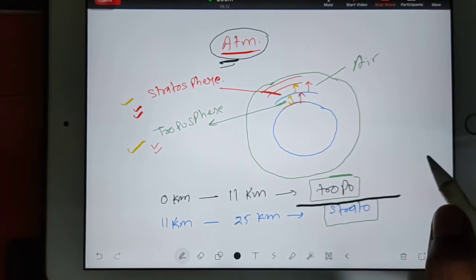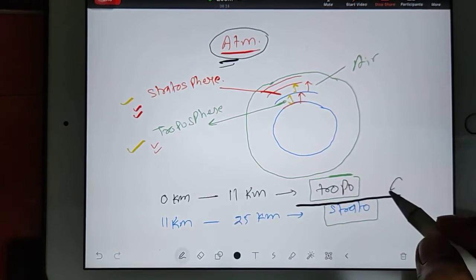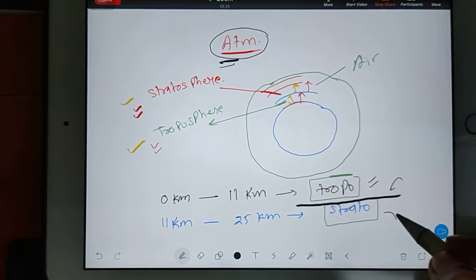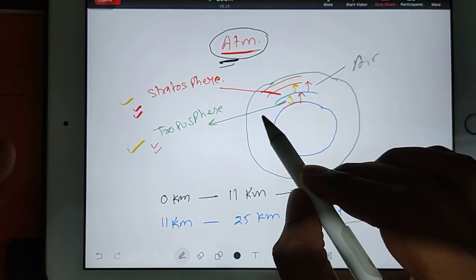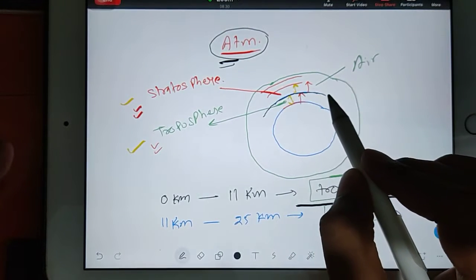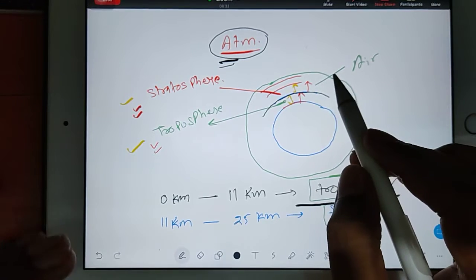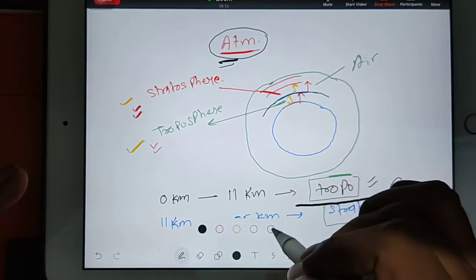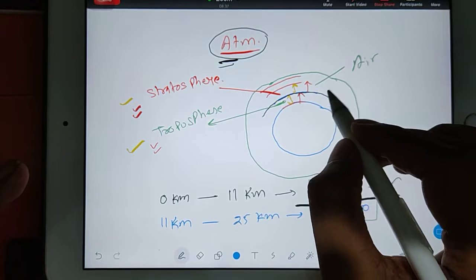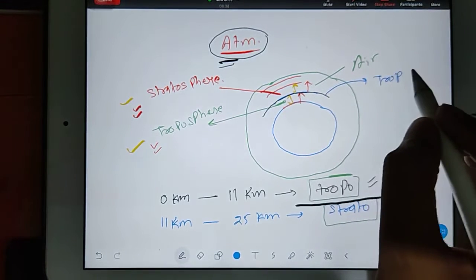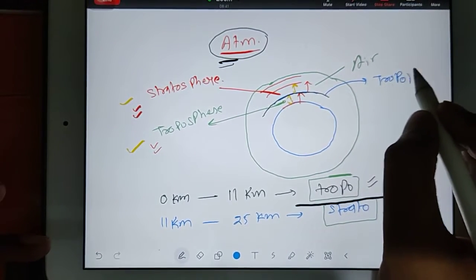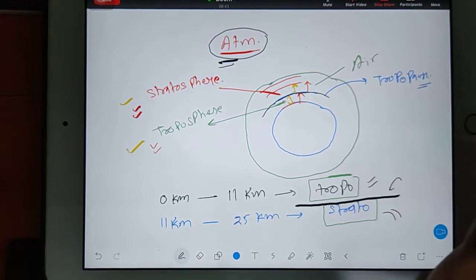This is an imaginary line which separates troposphere and stratosphere. Below that you have tropo, and above that you have strato. This line is known as the tropopause, because it is a kind of pause.